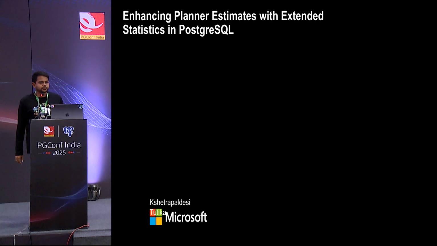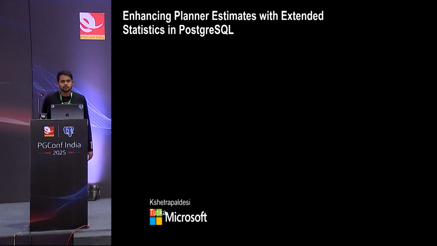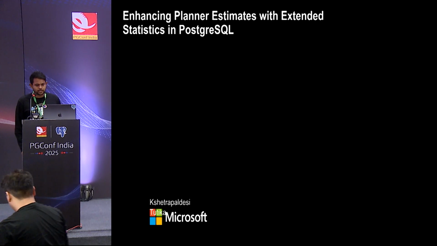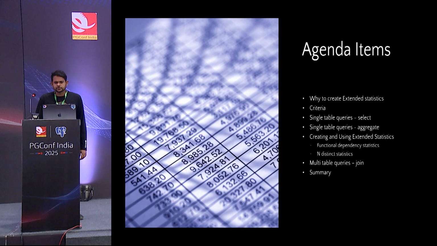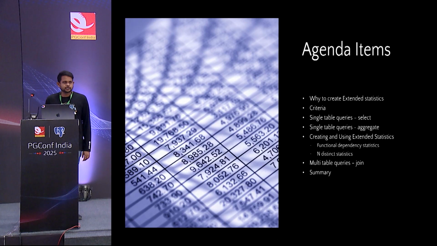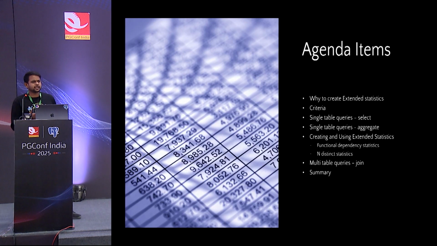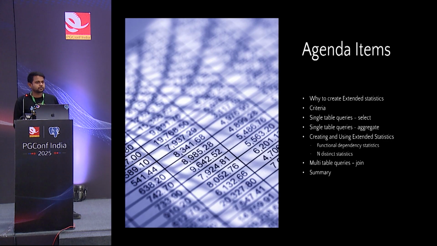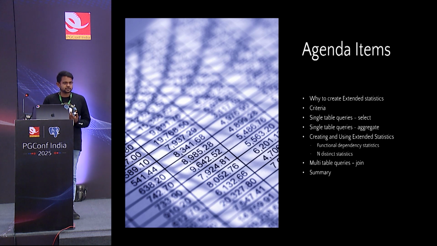So today I am going to talk about the extended statistics in PostgreSQL and how they impact the behavior of the planner. So the quick agenda, like why to create the extended statistics. Whenever you create a table and load some data into it, or you do some updates or deletes in it, usually there is a maintenance process which runs by the autovacuum daemon.